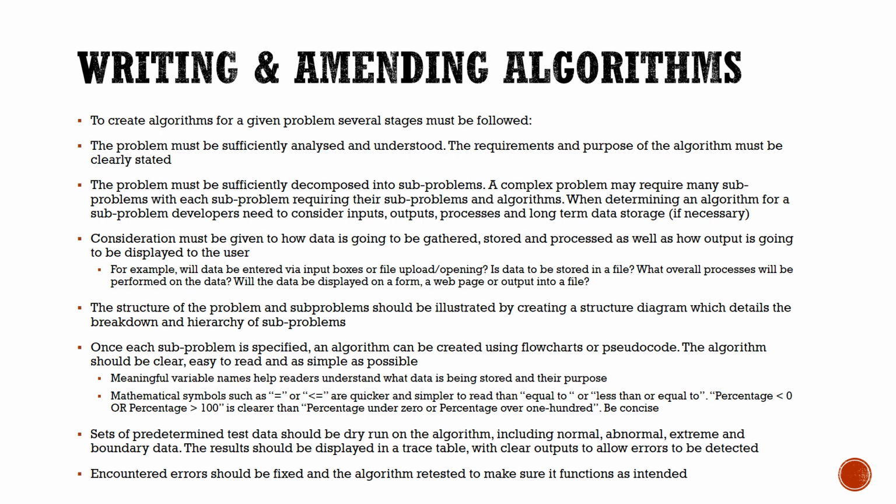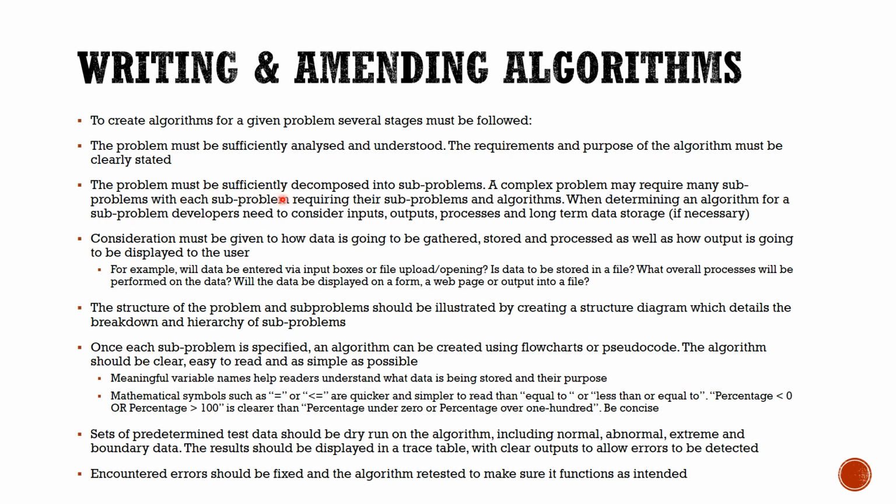Okay, so the most important tips and tricks for writing and amending your algorithm is that to create an algorithm for a given problem, several stages must be followed. The problem must be sufficiently analyzed and understood. The requirements and the purpose of the algorithm must be clearly stated.